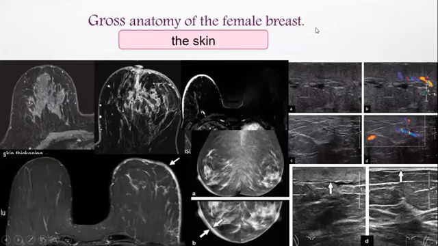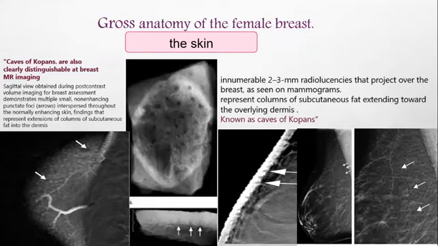There is lack of tissue differentiation, associated with underlying subcutaneous lymphatic dilatations and increased vascularity. Definitely this is pathology and not normal anatomy.